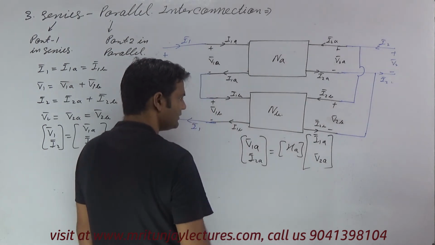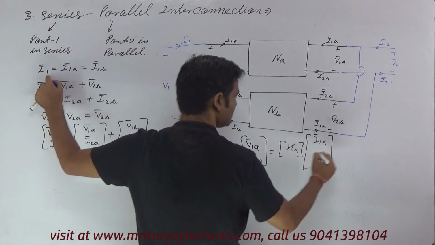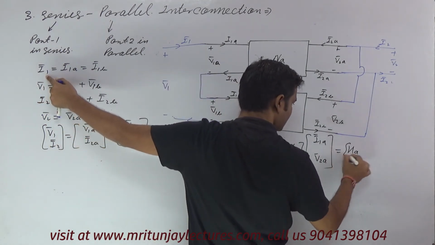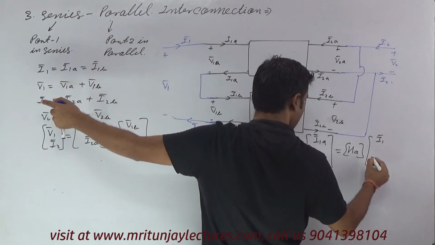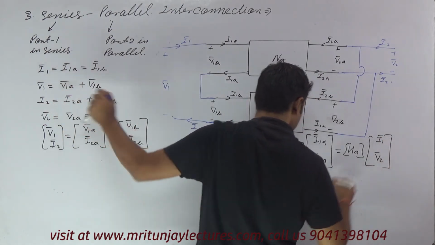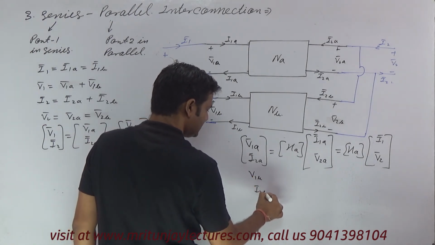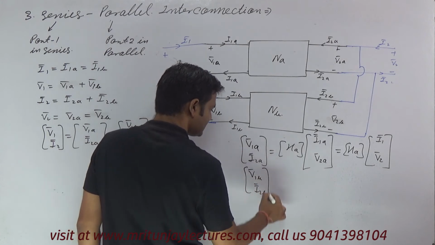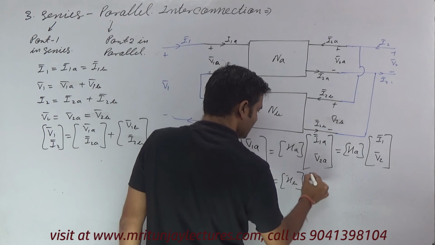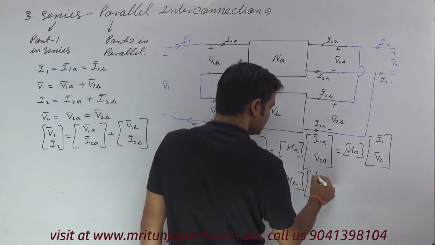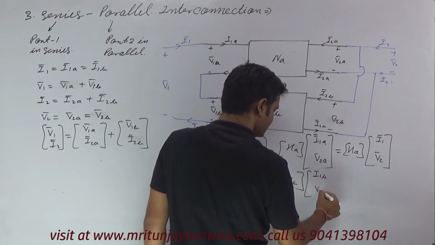Okay, similarly V1B and I2B are written as HB, and corresponding to here, that is I1B and that is V2B.